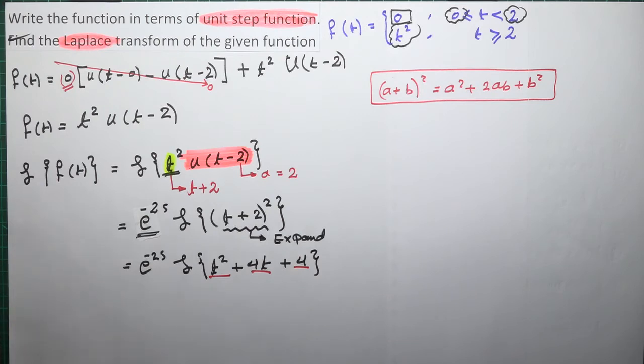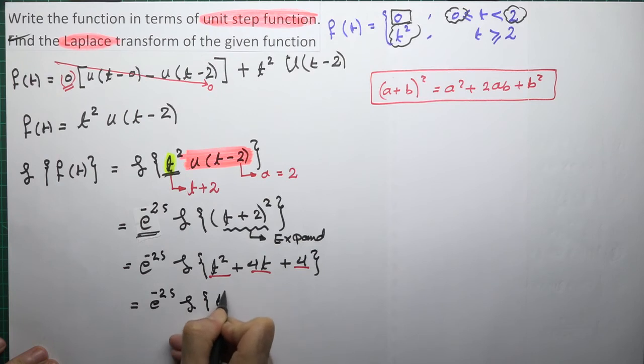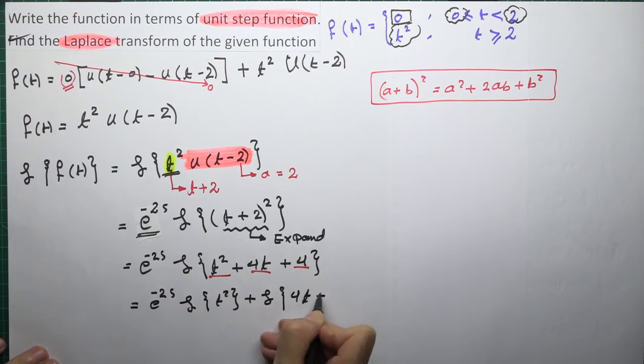We can of course go direct to the Laplace transform, but يعني راح نحط details as much as we can. So it will be e to the minus 2s, then Laplace of t squared, then plus Laplace of 4t, then plus Laplace of 4 indeed.